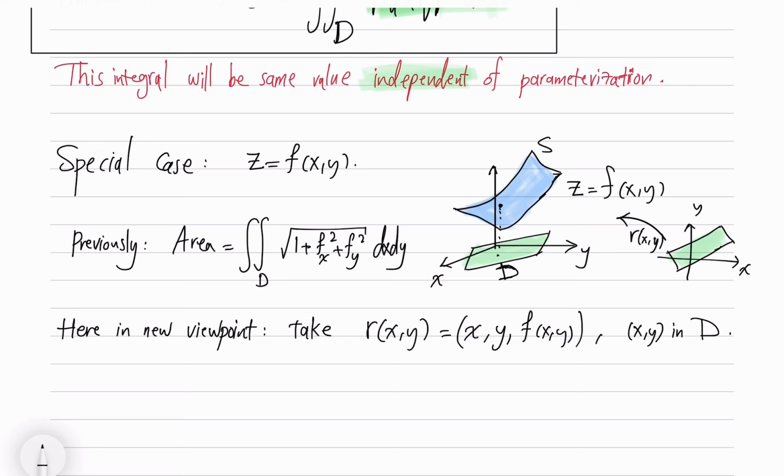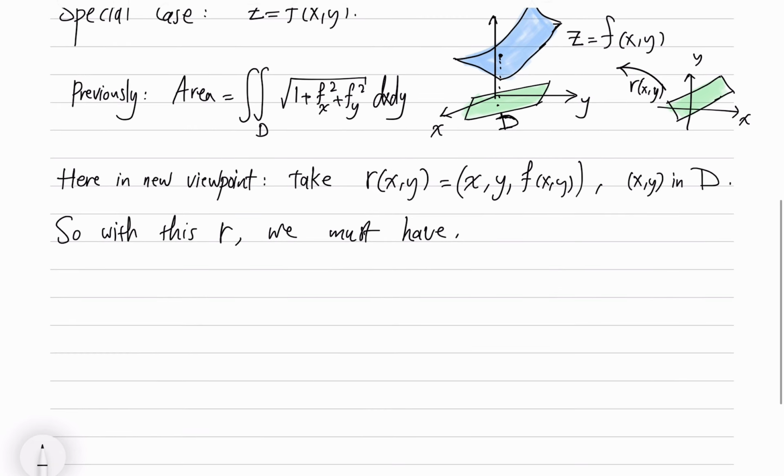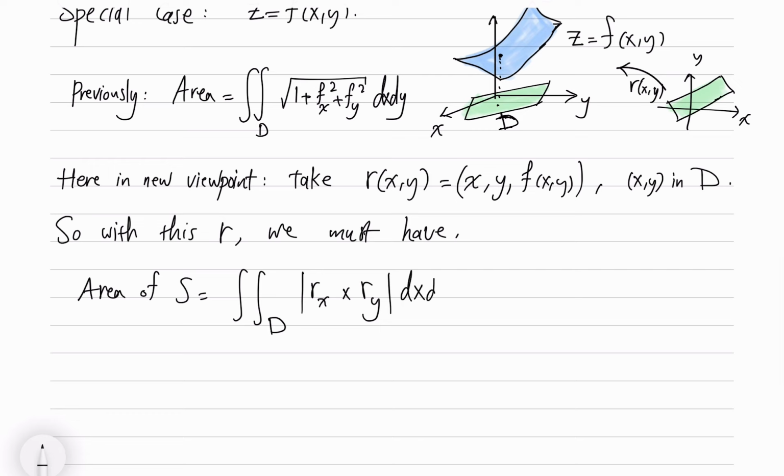Okay, with this parameterization, we must have that the area of our surface S is equal to the integral of the norm of the partial with respect to x, cross product partial with respect to y, dx dy.